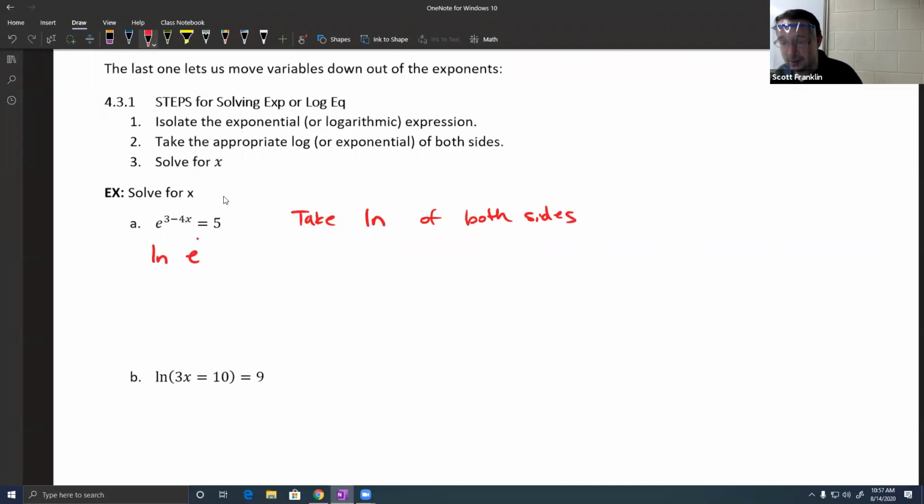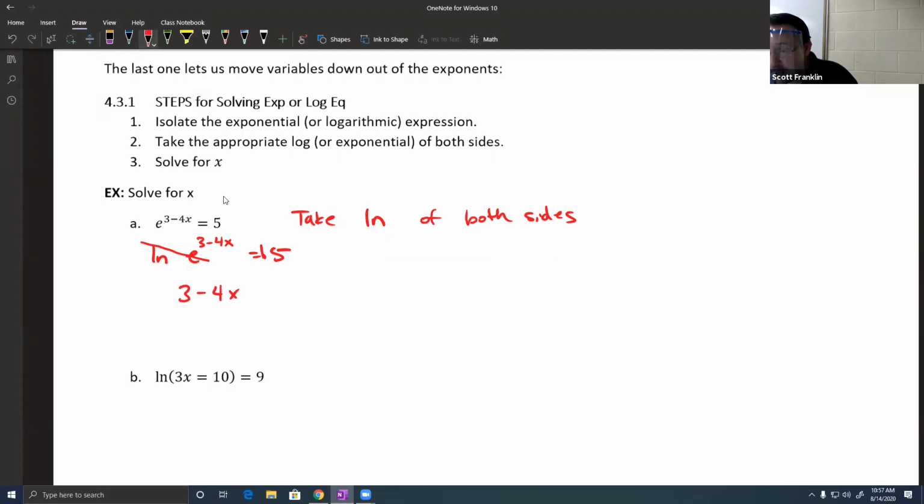Natural log of e to the 3 minus 4x is 5. And then natural log of e to something cancel. Just like we saw up above, the log of e to the x cancels, leaving behind the x. Log of e to the 3 minus 4x will leave behind 3 minus 4x.